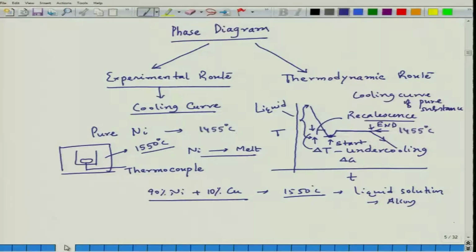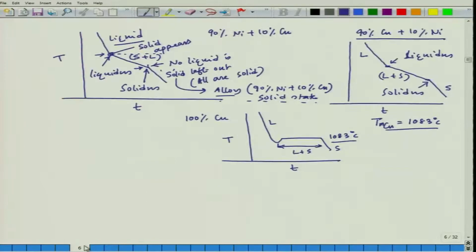So now if we see this one, this is pure nickel and this is pure copper, and we try to plot those solidus and liquidus points on a diagram where one axis is temperature and the other axis is percentage of copper.